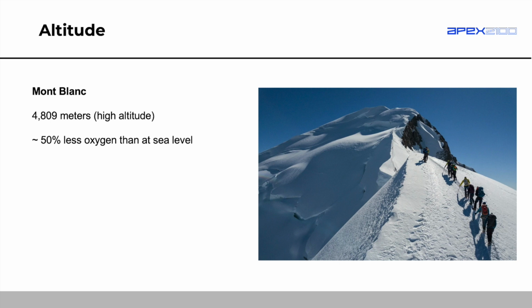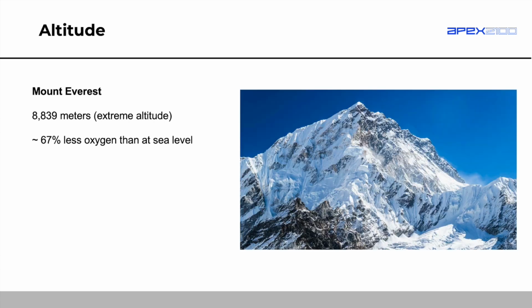Mont Blanc, which is 4,800 meters high, is high altitude, with around 50% less oxygen than at sea level. And Mount Everest, 8,800 meters high, is extreme altitude with 67% less oxygen than at sea level.